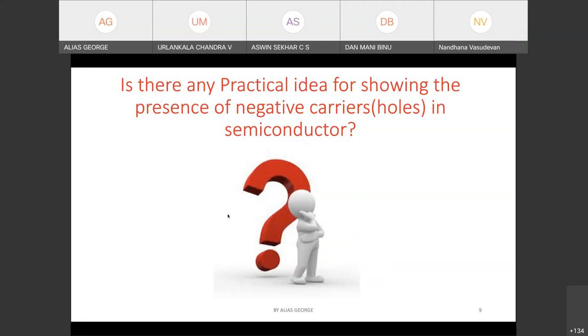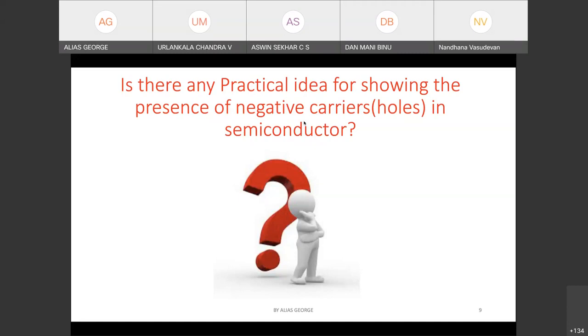You please wait. Is there any practical idea for showing the presence of positive carriers in a semiconductor, holes? While studying that, you said that holes are there. Holes are just simply the vacancy of electrons. If there is a vacancy, then we can say that positive charge carriers are there, right? Is there any experiment or practical idea for showing that?